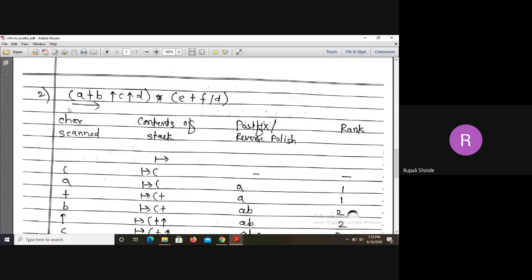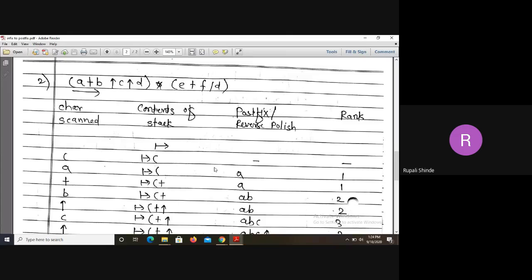Now start from left to right. The first symbol is an opening bracket, so we have to push it onto the stack. The opening bracket is written here. Postfix is still empty and rank is also not there, so I have given a dash.